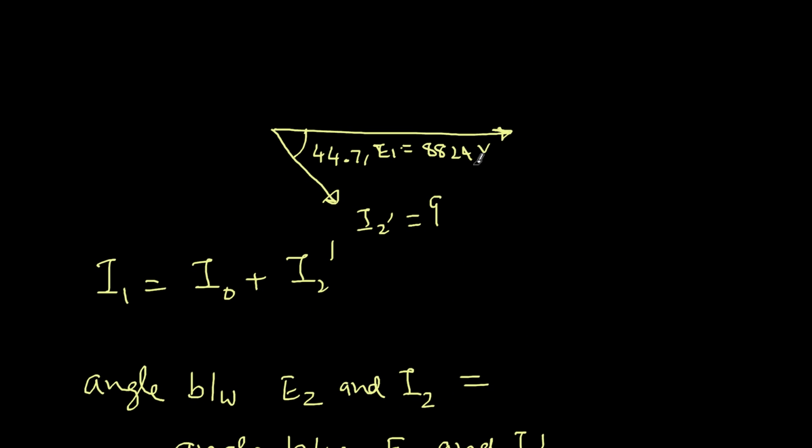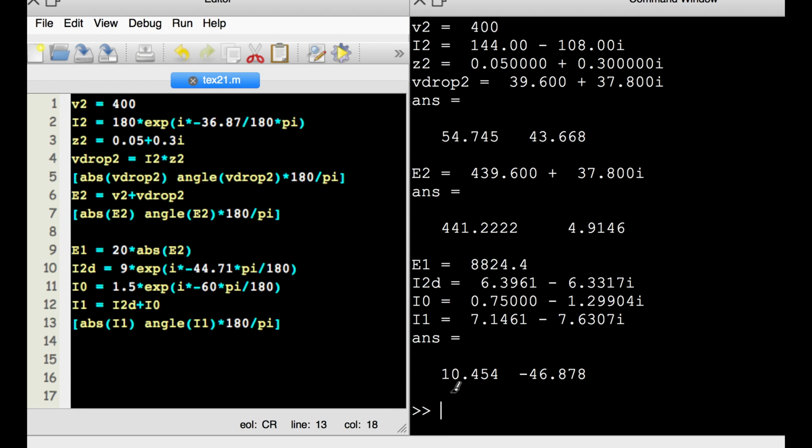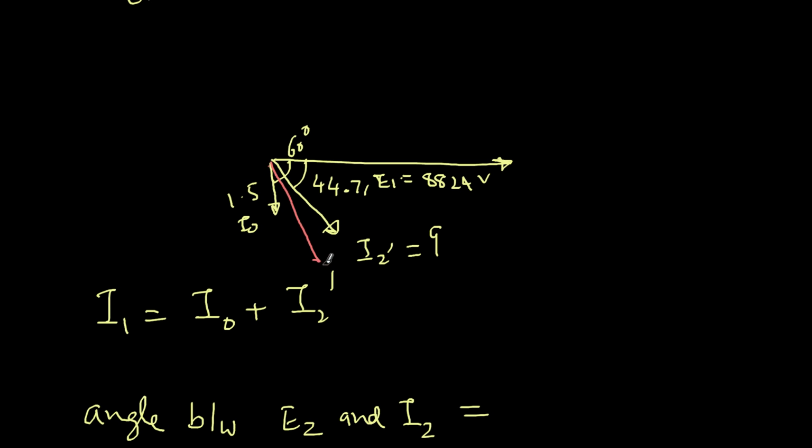Let me put that here. This is 1.5, this is 60 degrees, this is I naught, and then by the addition of these two I get I1 somewhere like this. And what is the magnitude? It is 10.4, so it is slightly bigger than this one. So this is I1. Let me just get rid of this.